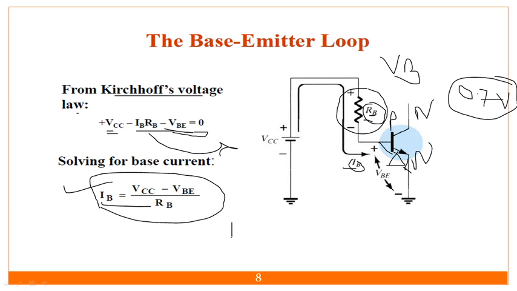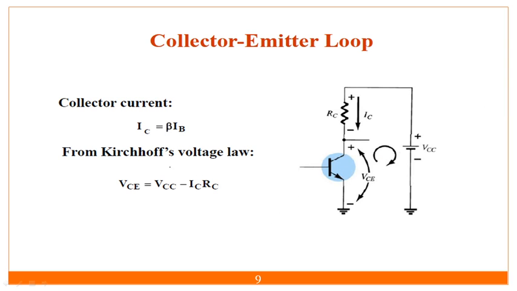From this, if I multiply the beta factor with IB, I will get the value of IC, that is the collector current. Collector current is nothing but beta times IB.